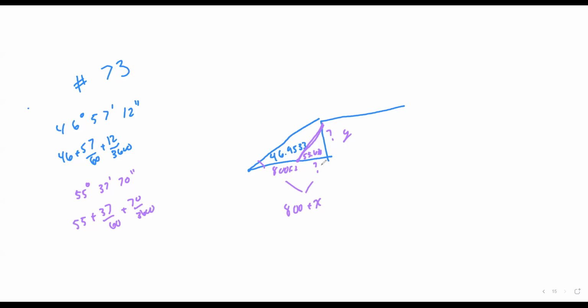I'm trying to think, maybe this could be a proportion, but then you would still have, all right, well, this would be 800 plus x, and this would be over x, but you still don't have another side to be proportional with. You could maybe go with this would be the adjacent side, and this would be the opposite. So we know we're going to have something to do with tangent. If I have tangent of 55, then it would just be question mark over question mark. And then this one would be tangent of this equal to question mark over 800 plus a different question mark.